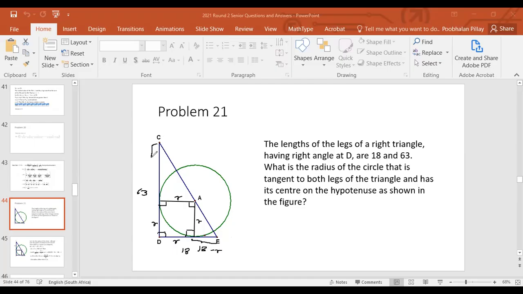So this part here is 63 minus R. All right, so you got these two right angle triangles, and you know two of the sides, of course, also the third one because they are right angle triangles.